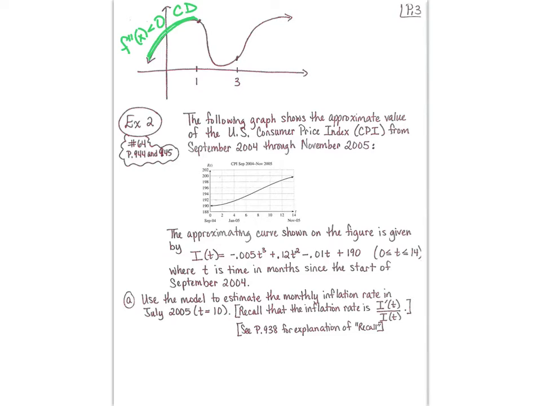And note that from this point on to this point, the graph is concave up. That means our second derivative is greater than 0. Notice that it changed concavity at this particular point, so that would be a point of inflection.